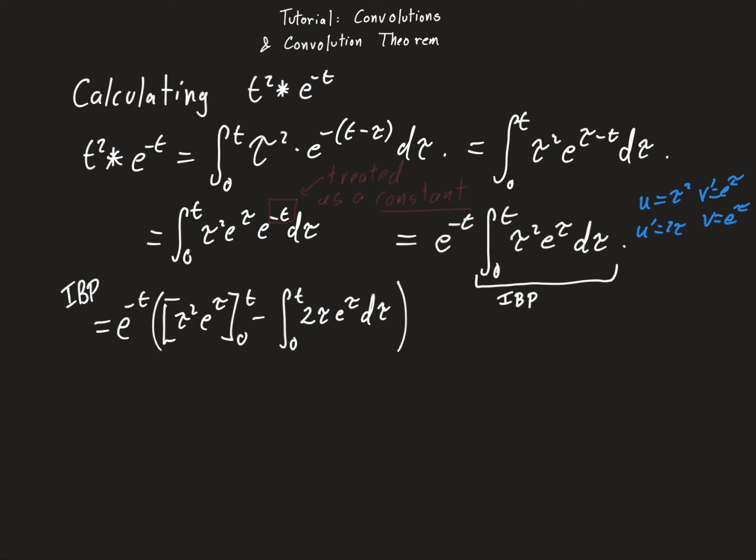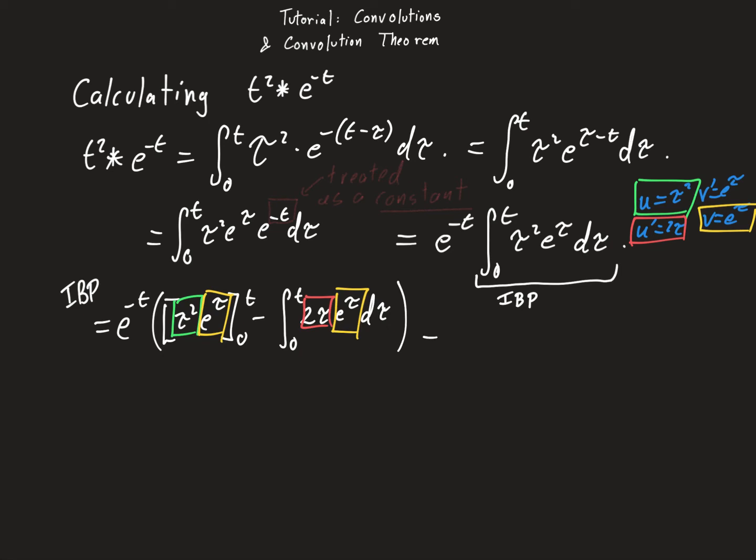Now, just to be clear as to exactly what I did here, I like to color code my substitutions so that you guys can see what I'm doing. This u is equal to tau squared is what's substituted into here. That is being multiplied by this v is equal to e to the tau, which is here. It is also here. And then, of course, this u prime belongs right here.